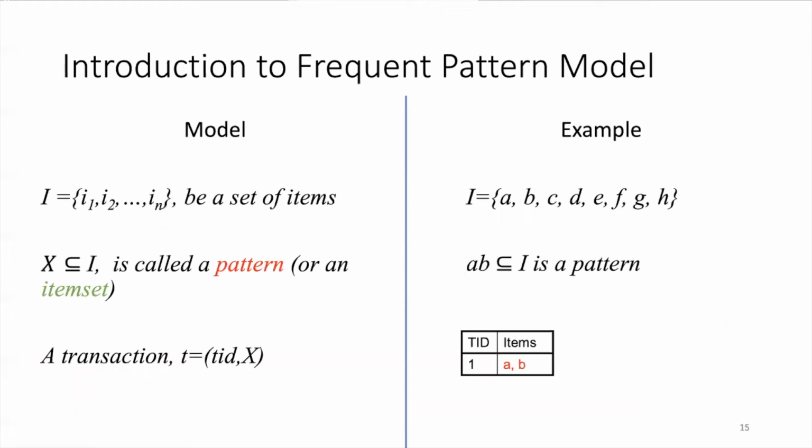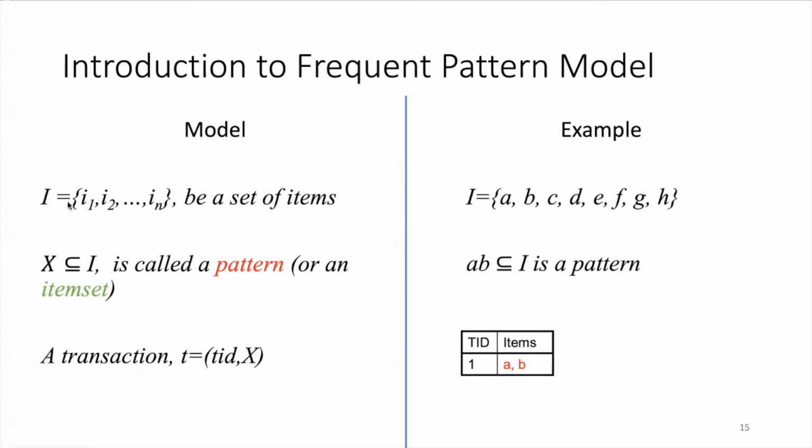To explain pattern mining, we have divided the slide into two parts. The left side of the slide will give you the mathematical model. The right side of this slide will give the example so that the audience can easily understand what is a frequent pattern model.